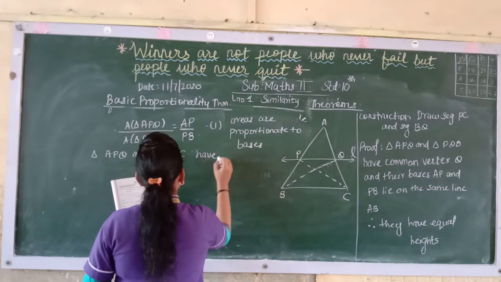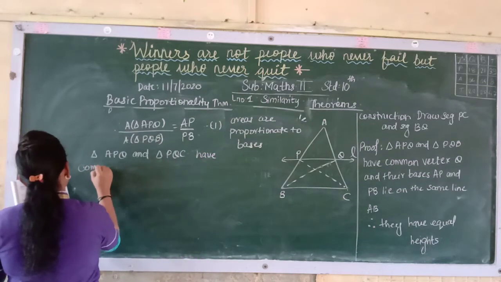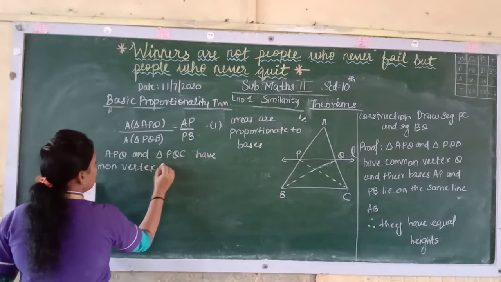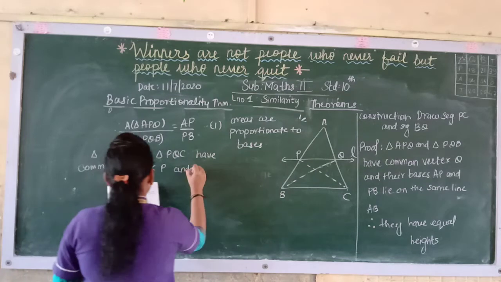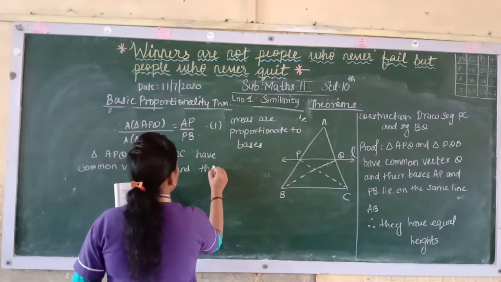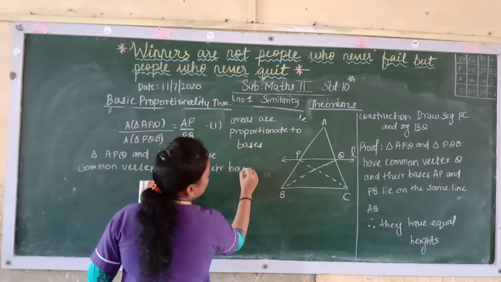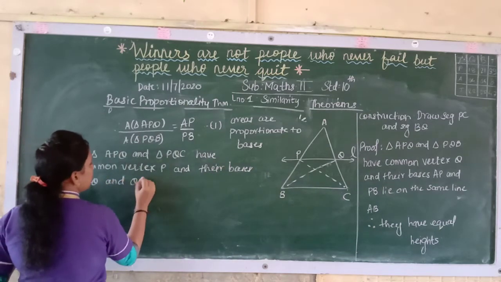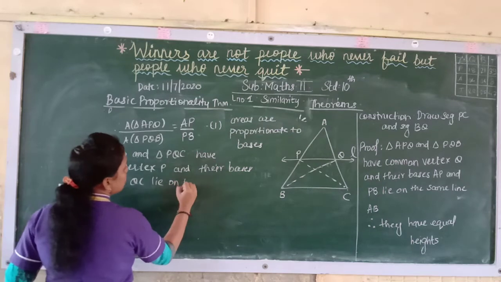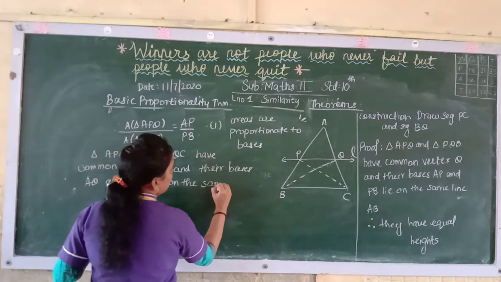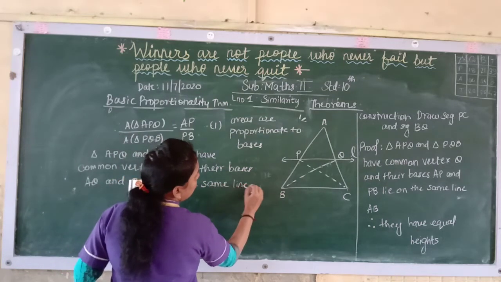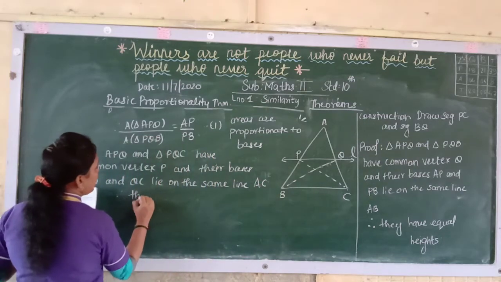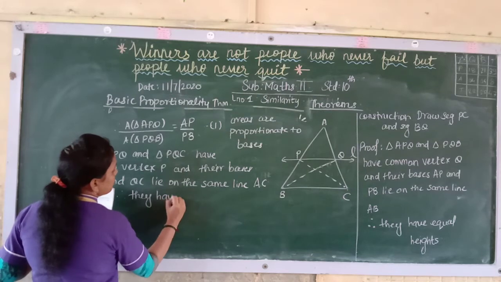Triangle APQ and triangle PQC have common vertex P and their bases AQ and QC lie on the same line AC. When they lie on the same line AC, therefore they have equal heights.